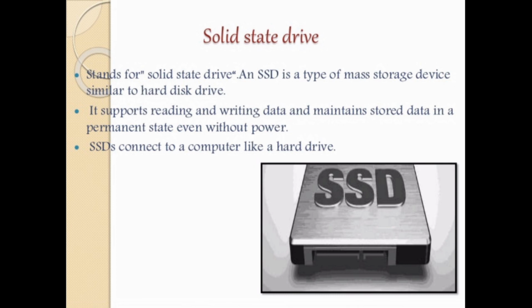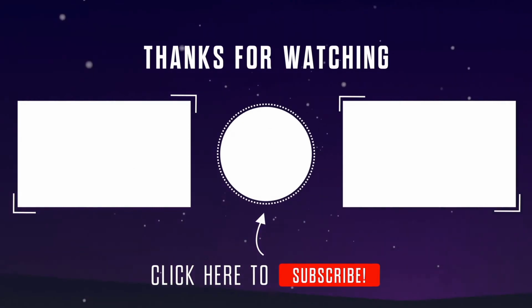A solid state drive is a solid state storage device that uses integrated circuit assemblies to store data persistently, typically using flash memory and functioning as secondary storage in the hierarchy of computer storage. I hope all understand this lesson, that is computer memory and storage devices.